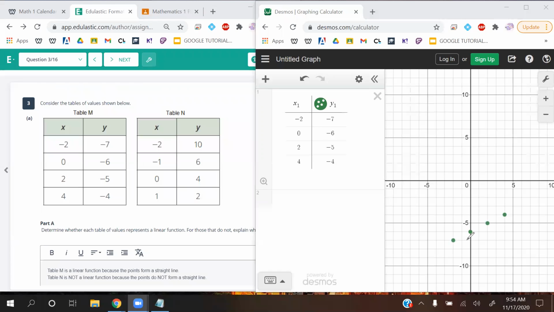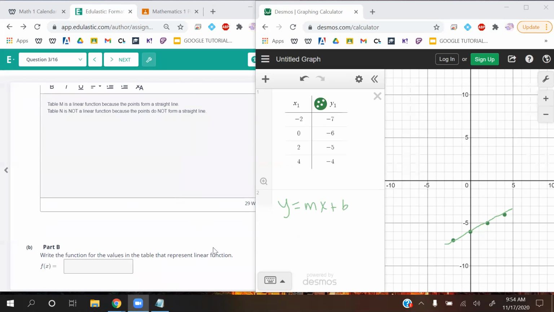So from the graph, if we have this straight line that goes through these points, and we want to write it in the y equals mx plus b format. Let me scroll down now. Or technically, f of x, because they want f of x over here, f of x is equal to mx plus b.